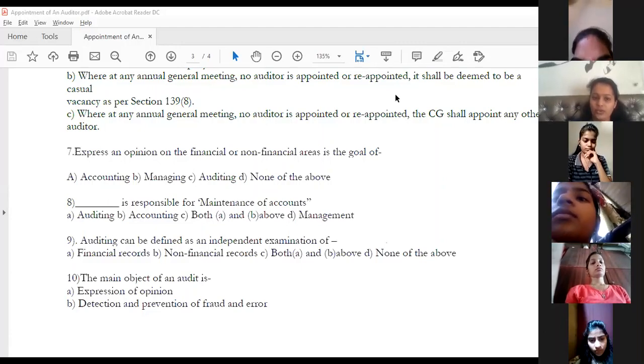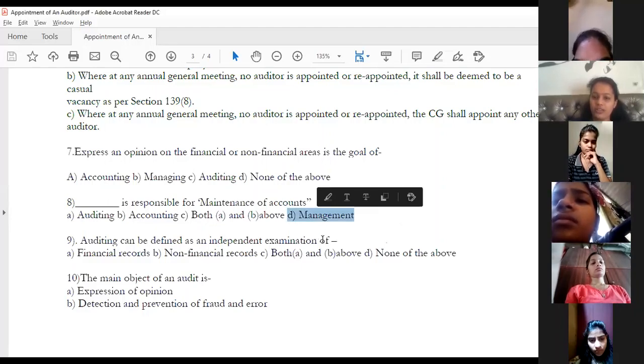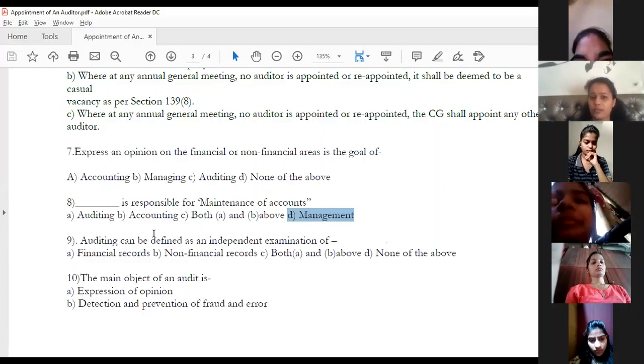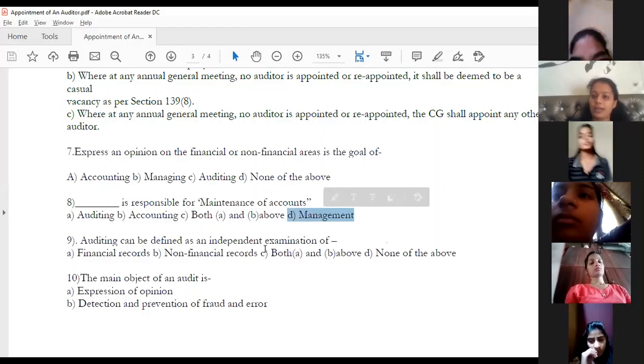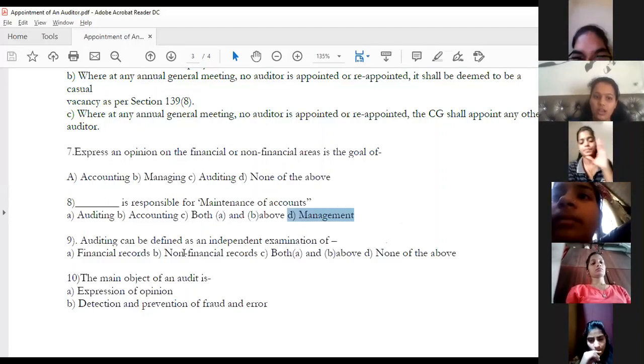No, no, no. Can you read option D? Auditing is not responsible for maintaining accounts, and how can accounting be responsible for maintaining accounts? The answer is D. Management is responsible.